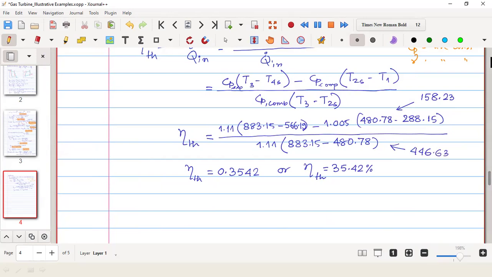Per unit mass means basically kilojoule per kg. You see that this is this and this is this.